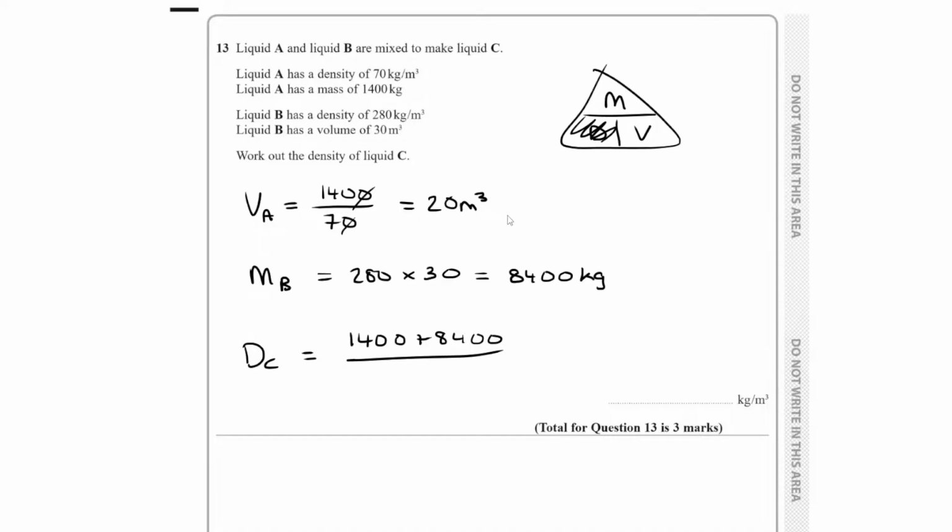Now the volume for A we worked out was 20, the volume for B they said was 30. So when I add it, we should get 9,800 at the top, and then over 50, I knocked off 0. Dividing by 5 is the same as dividing by 10 and then doubling it. So I divided by 10, which is 98, and then I doubled it, which is 196. That's how I divide by 5.